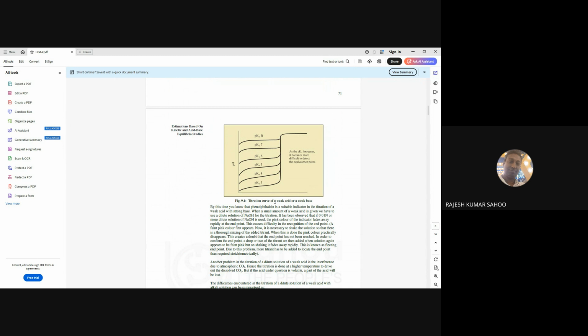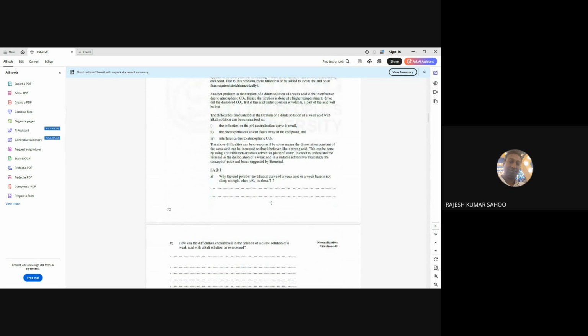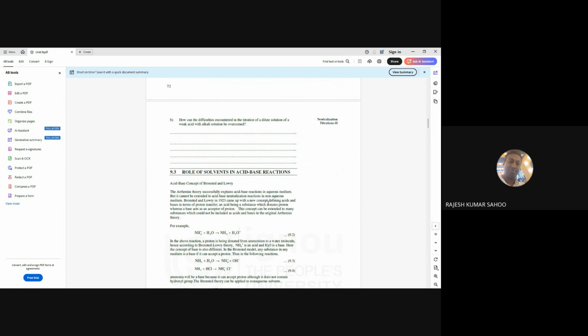Acid-base reactions in non-aqueous medium means you are not using water. Role of solvent in acid-base reaction. Role of solvent means, for example, you have taken one compound NH4OH and then you are adding water. Then from water, H plus ion and OH minus ion, the water will take H plus ion from ammonia.